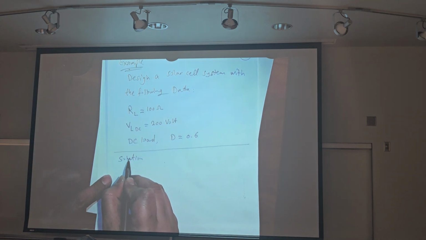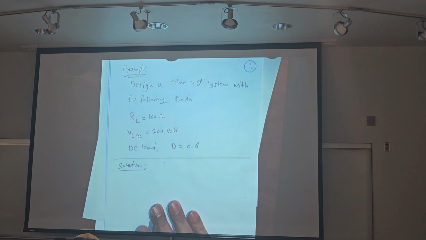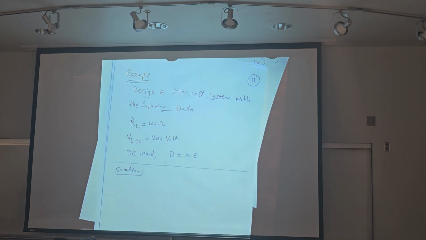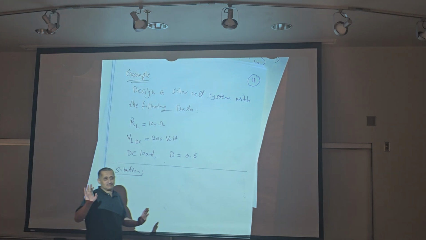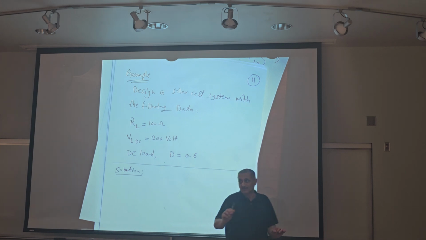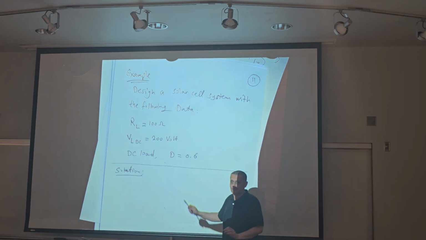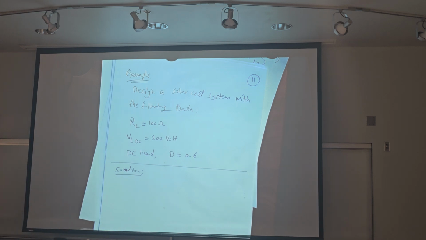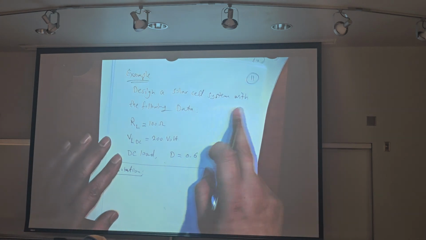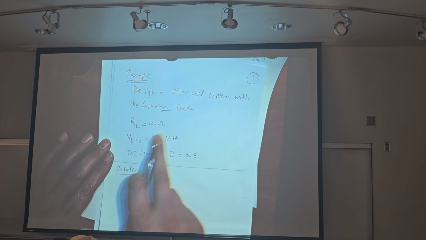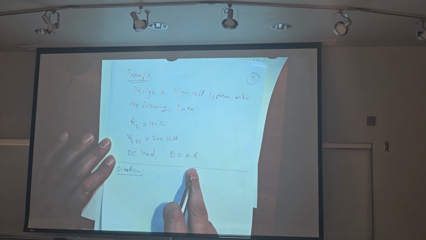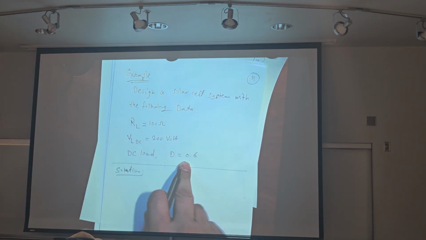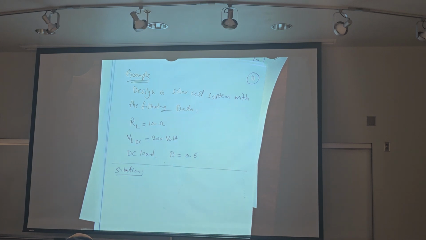This is a design, right? The first step of design is to draw the circuit diagram. Design a solar cell system with the following data: RL, load, using a duty cycle. Where is the duty cycle in DC to DC?